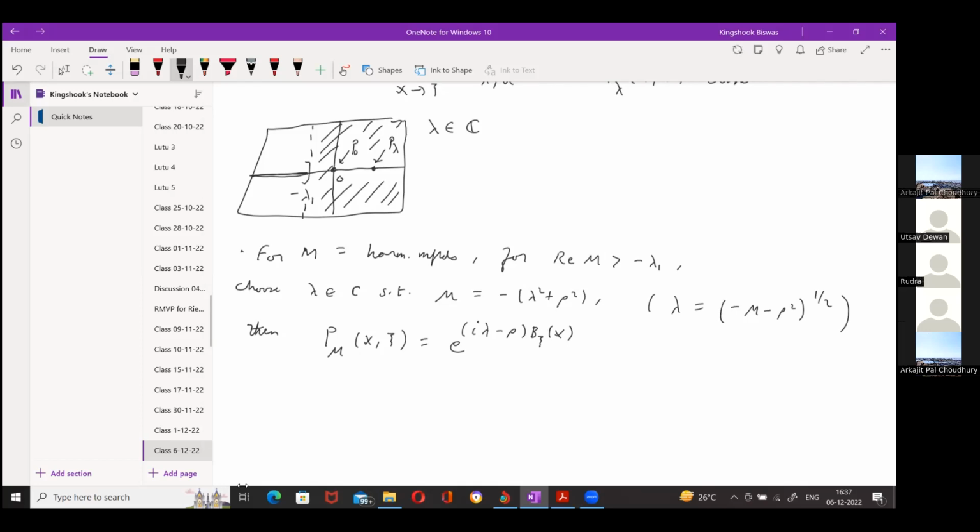Actually what happens is when you go around in the mu plane, this is really the mu plane that I'm looking at, the eigenvalue plane is the mu plane, you'll have an analytic continuation of the lambda, because you have a square root. This minus lambda_1 is minus rho squared, so when you go around this minus rho squared, you'll have an analytic continuation in the lambda parameter.